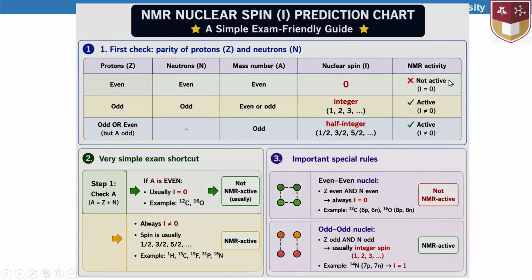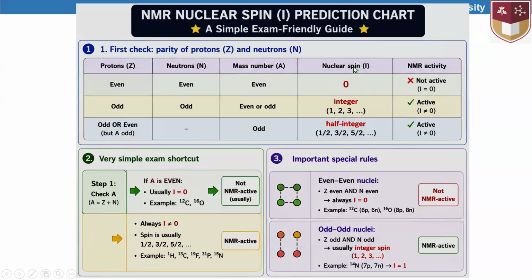And they are not NMR active. But if the protons number is odd and neutrons number is odd, then they are NMR active. If the neutrons number is odd or even, but let's say without the neutrons, they can also be active.